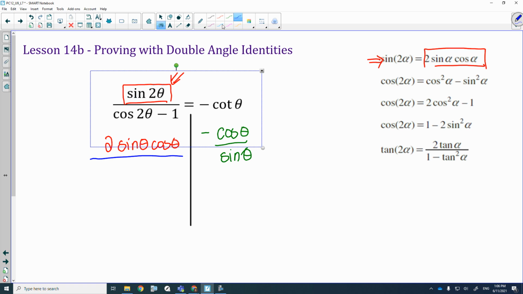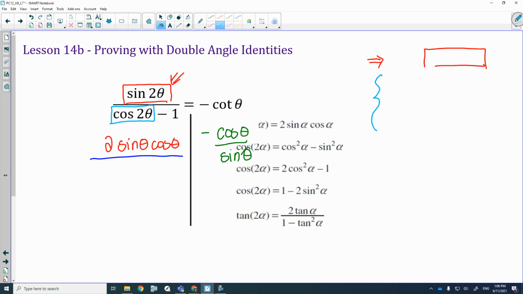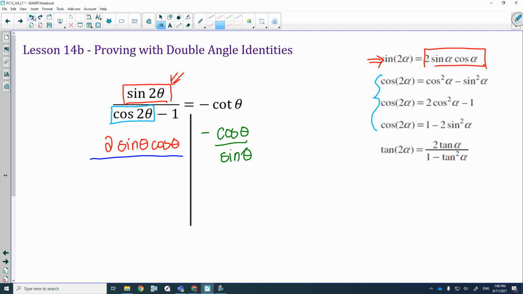And what you need to notice with the denominator is I have another double angle. It's a double angle for cos. So then I have to say, okay, I have 3 forms for the double angle of cos, right? Which form do you use? The answer is you could actually use any of these 3 identities, and some will have more steps in simplifying than others.